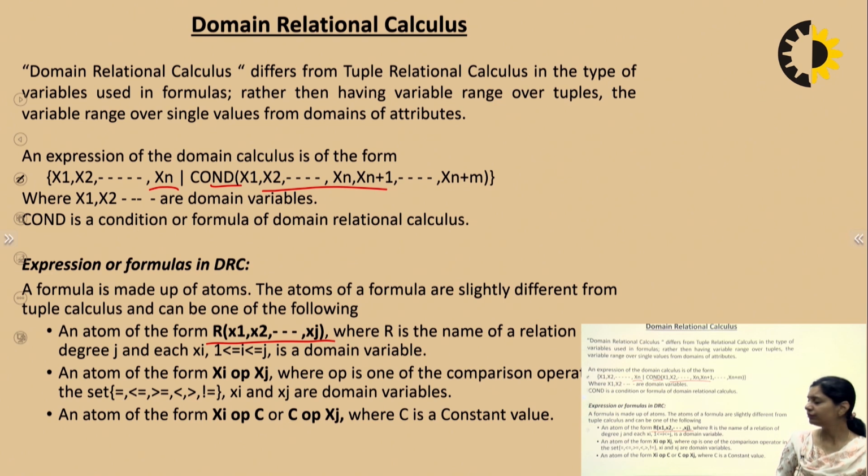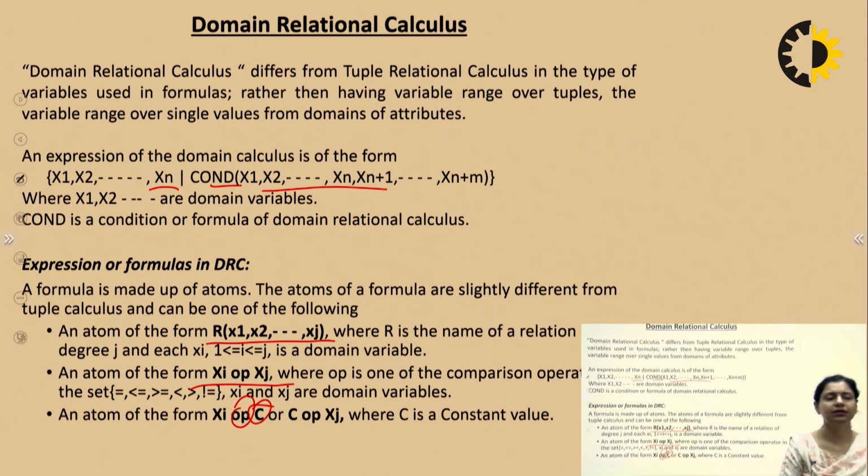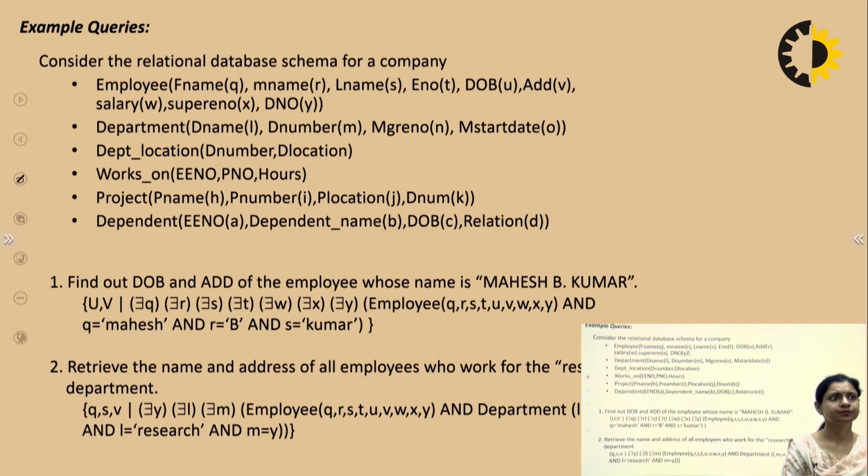The atom of the form xi op xj, where op is a comparison operator with the operators like equal to, less than equal to, greater than equal to, not equal to, and xi and xj are the domain variables. We can also have it with a constant value, where c is a constant value and we apply the comparison operator with the constant value.